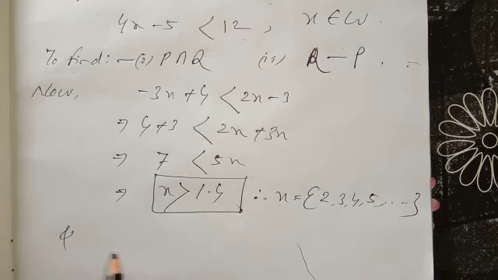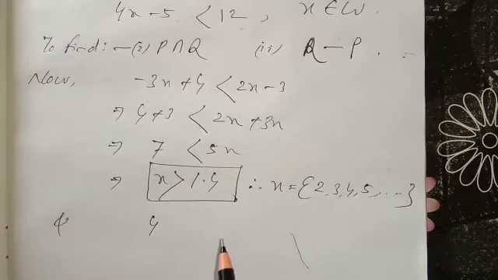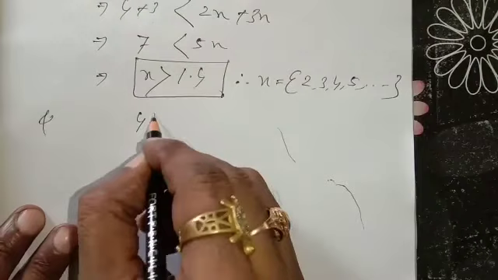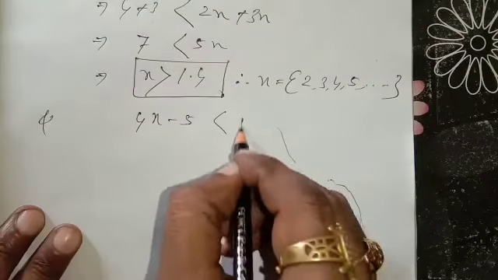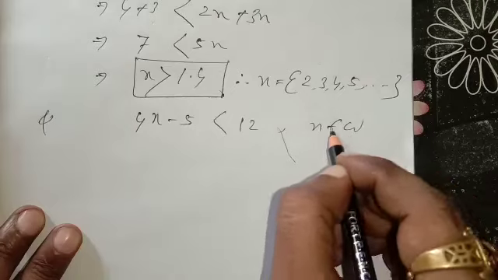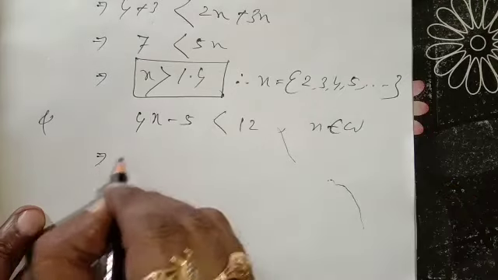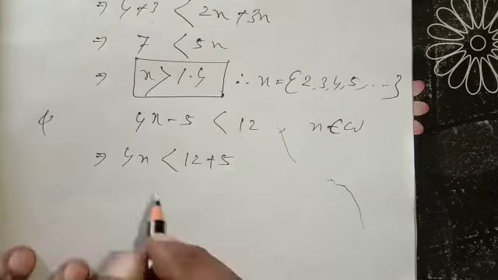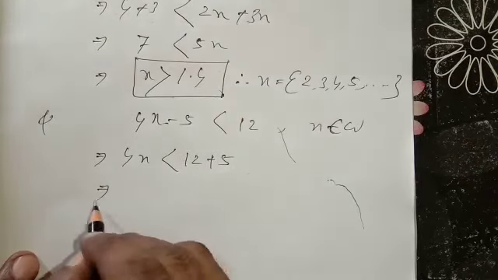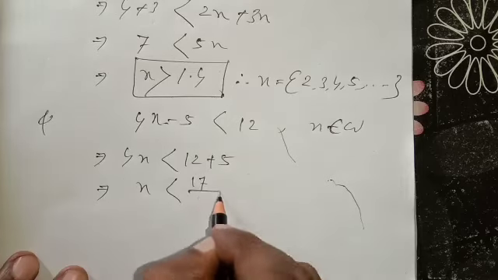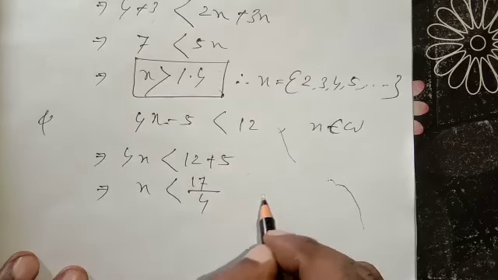And the second inequation given is 4x minus 5 less than 12, and x belongs to whole numbers, starting from 0. Then 4x is less than 12 plus 5, taking minus 5 to that side. That means x less than 17 by 4, which means 4 point something.